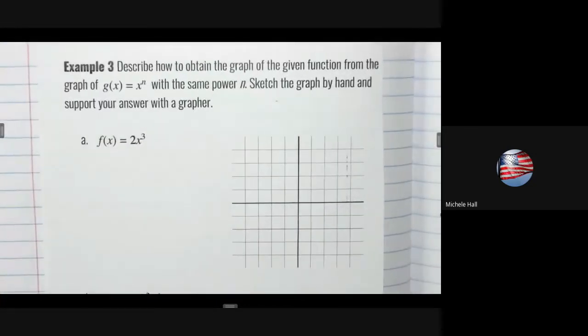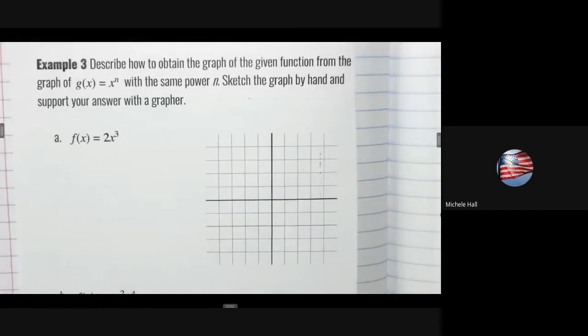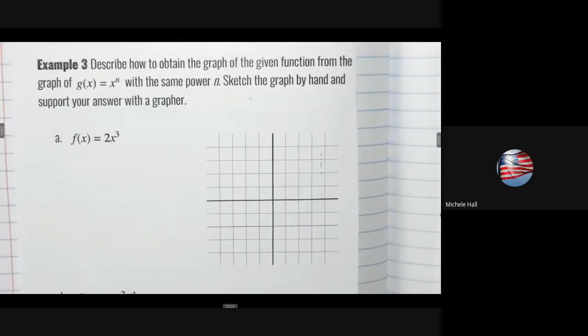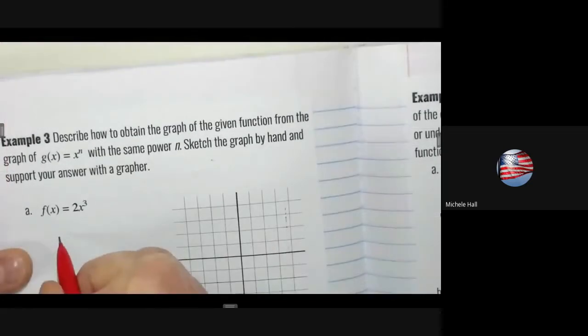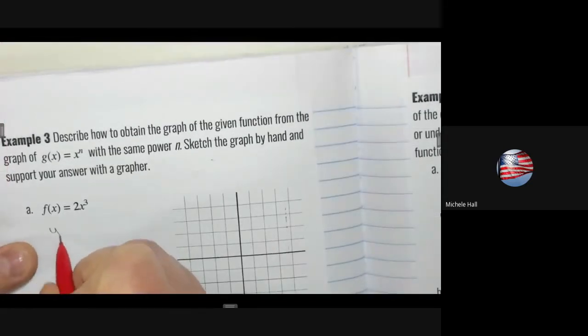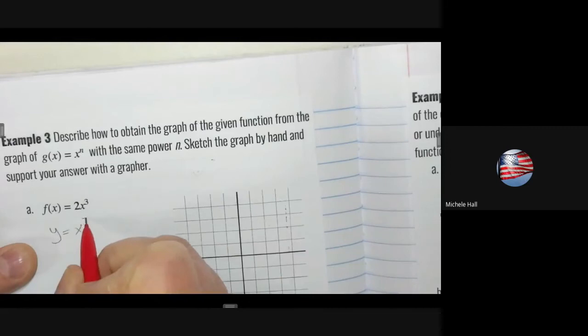Example 3, describe how to obtain the graph of the given function from the graph of g of x equals x to the n with the same power n. Sketch the graph by hand and support your answer. So I would start with y equals x cubed.